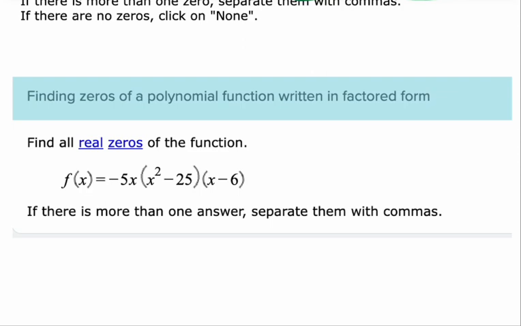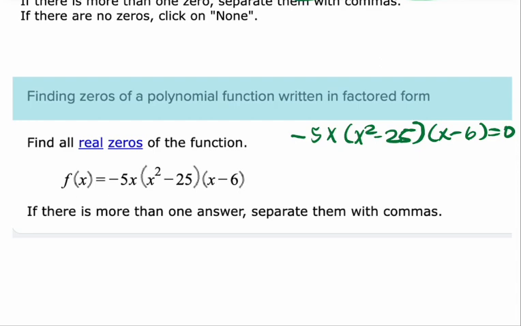So let's write down, we want negative 5x times x squared minus 25 times x minus 6 to equal 0. Does anybody notice a piece that can be factored? Yeah, there's a piece that can be factored. x squared minus 25 is the difference of squares.